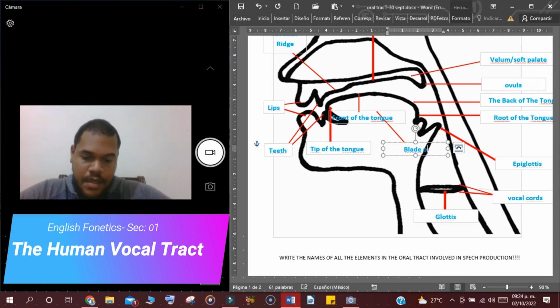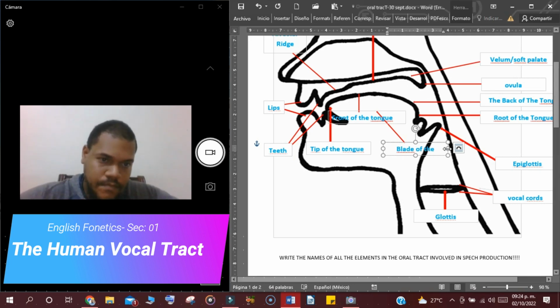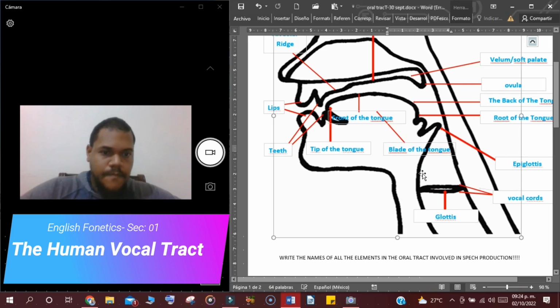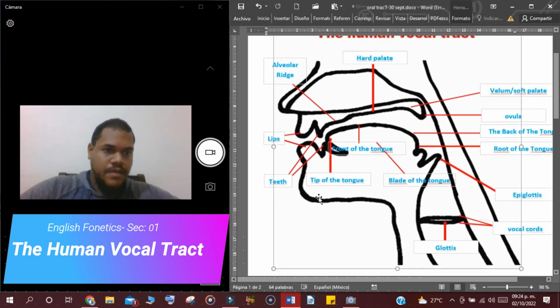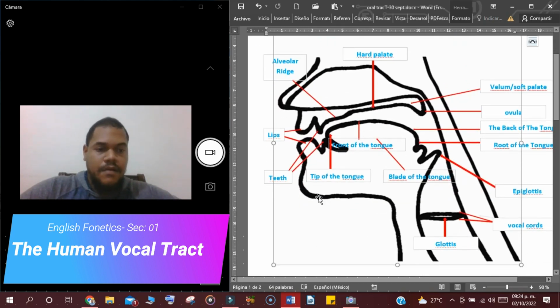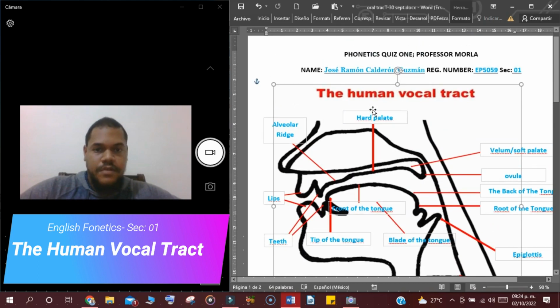Blade of the tongue. Okay, we have already mentioned all of the parts of the vocal tract right here.